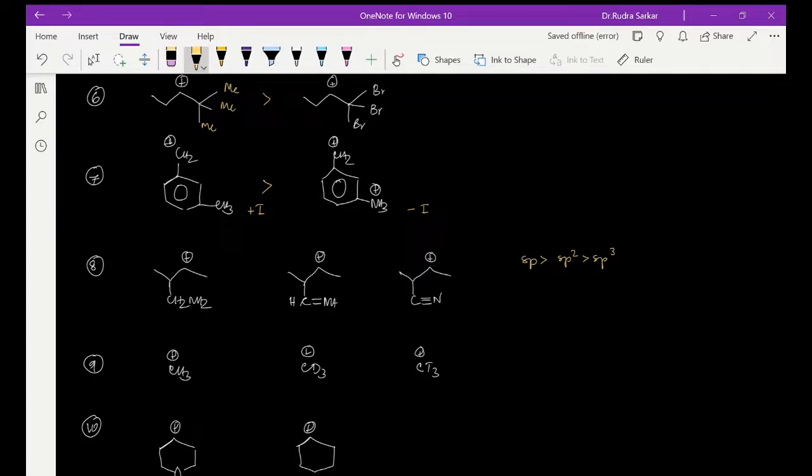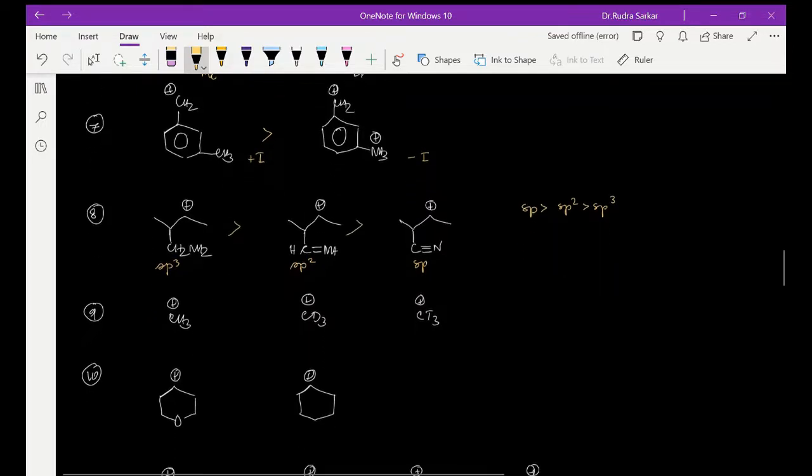Now if you check, the C triple bond N carbon is sp, C double bond NH is sp2, and the CH2NH2 is sp3. The more the electron withdrawing power of the carbon, the more it will destabilize the carbocation. So the most stable carbocation will be the first one, followed by the second, and followed by the third.